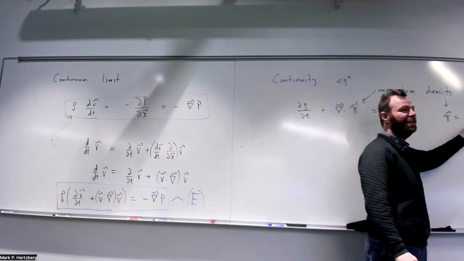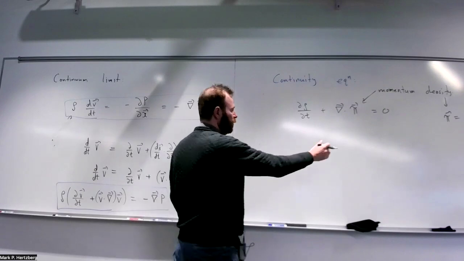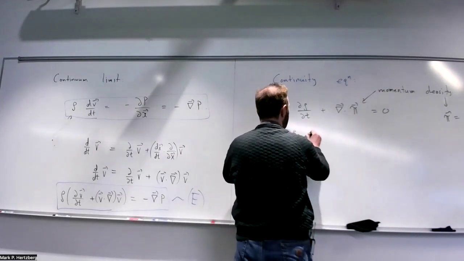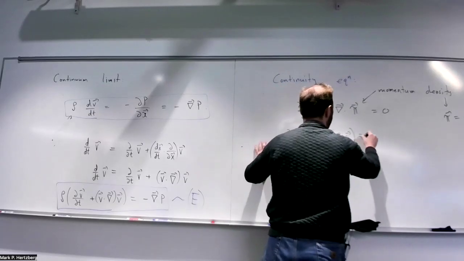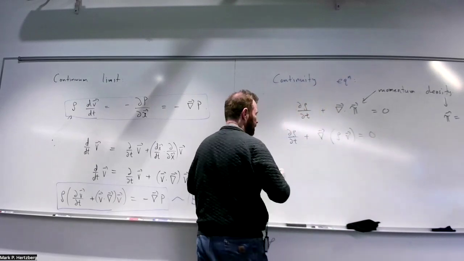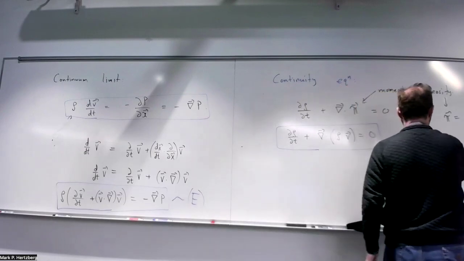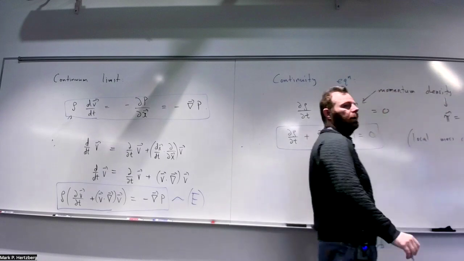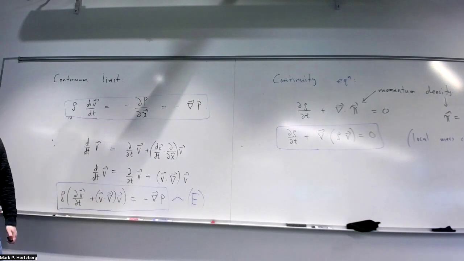Momentum is mass times velocity, so momentum density is mass density times velocity. And that's a more useful way of writing this. I don't want to write pi's all the time. So d rho/dt plus the divergence of rho v is 0. So this is just a statement of local mass conservation. And this is just a glorified Newton's second law for a fluid.